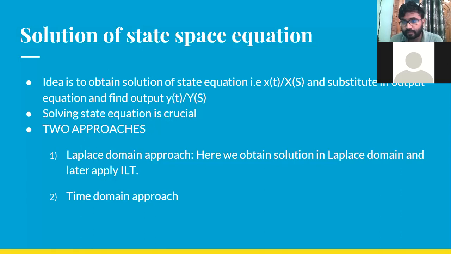In the regular case, we will solve either the differential equation or the transfer function, and we will directly find the output. But here we have to first solve for the state variable. That is the idea here. The transfer function is the ratio of output to input. If you keep the output on one side and send the input to the other side, you will get the equation for output directly in the S domain.